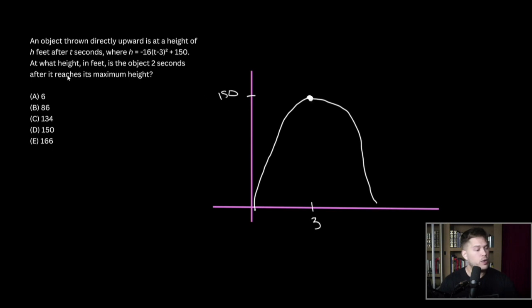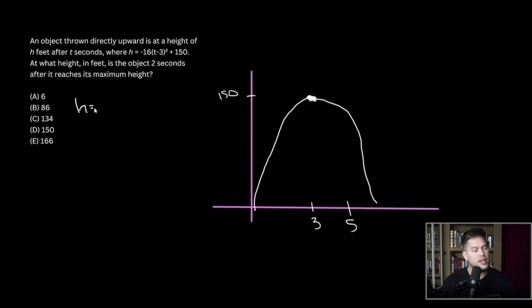And we want to know the height in feet of the object 2 seconds after it reaches its maximum height. Well, its maximum height is its vertex at 3 seconds. So 2 seconds later would be at 5 seconds. So all we're going to do is plug in 5 for t.